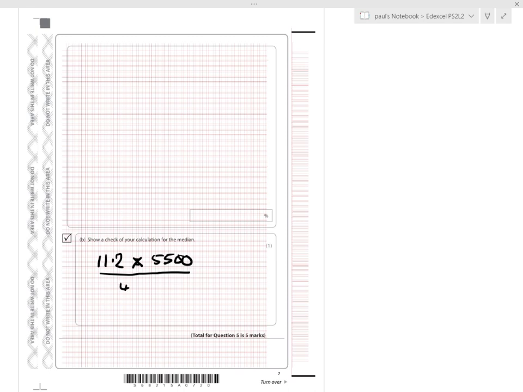Oh, hang on, for the median. 49300. See what that comes out, where the 100 bit comes in.